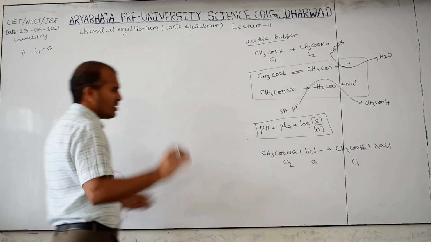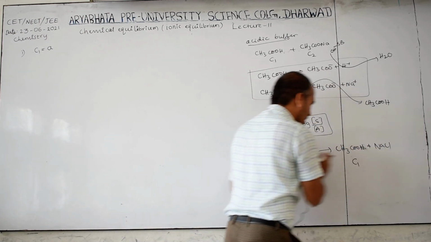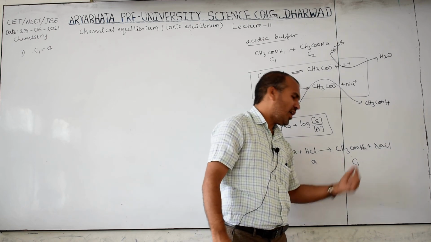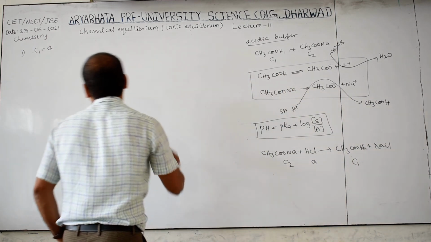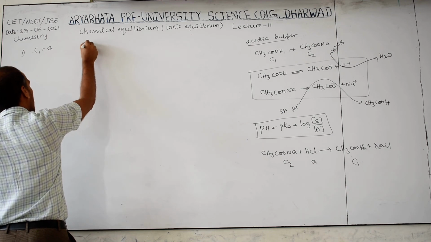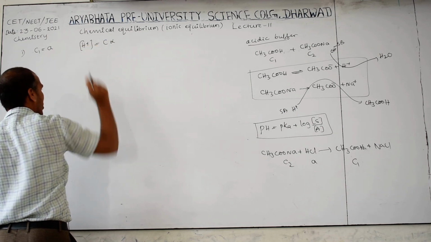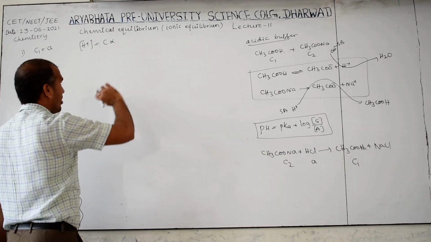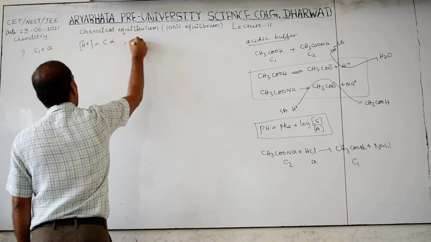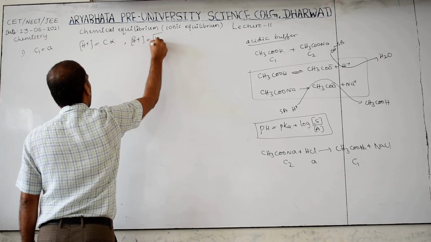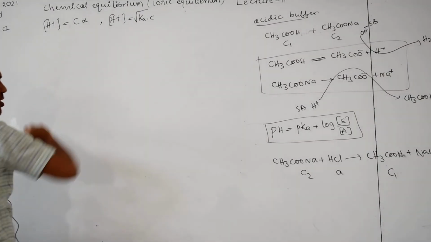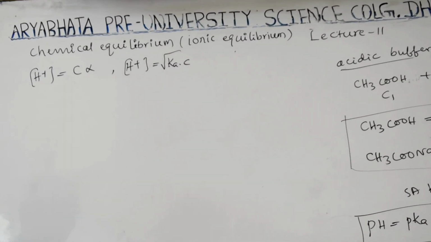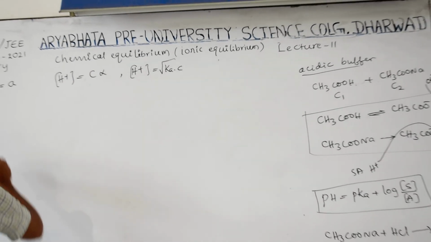Therefore this is only present in the reaction vessel, both are completed and these two form. This is salt, there is no change in the pH, so we have to calculate the pH. Therefore, H plus ion concentration is equal to C alpha according to weak acid. This is a weak acid, so Ka, Kb or alpha may be given. Otherwise, H plus ion concentration is equal to root of Ka into C. Based on this formula, first we calculate H plus ion concentration, then later calculate the pH. This is one way to calculate the pH.